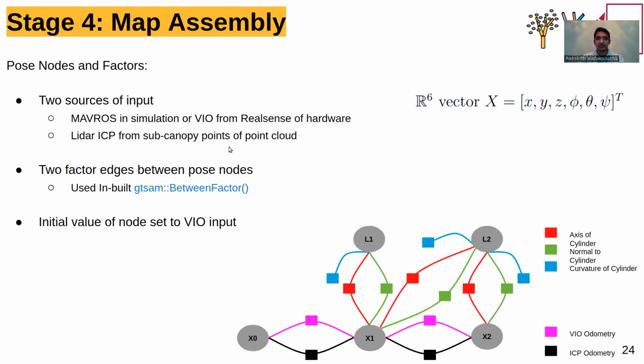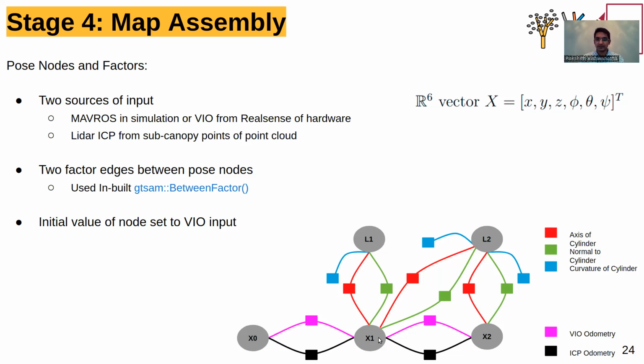So visual inertial odometry for pose estimates was obtained from the RealSense, the stereo camera RealSense pair. And that contributed to one of the connections between X0 and X1, and similarly another connection between X1 and X2. That's the pink connection, corresponding to the motion estimate from the RealSense. Similarly, another motion estimate from Lidar point cloud, from Lidar ICP, was obtained, and that forms the connection between X0 and X1 and X1 and X2.